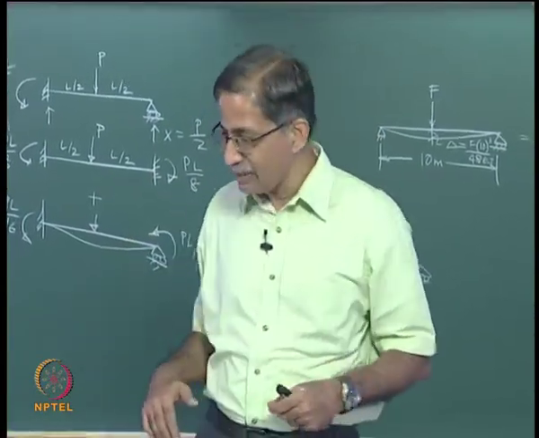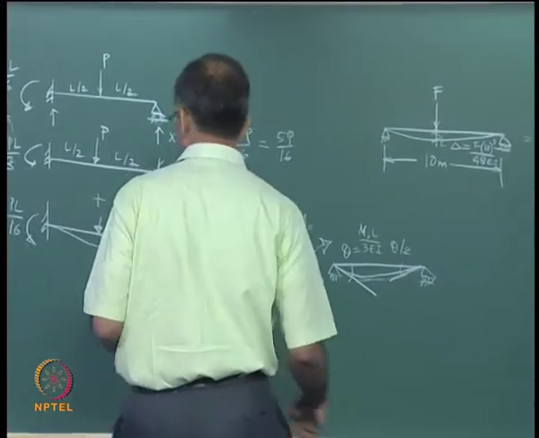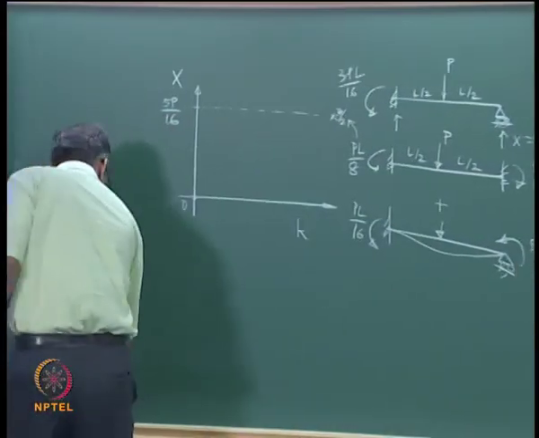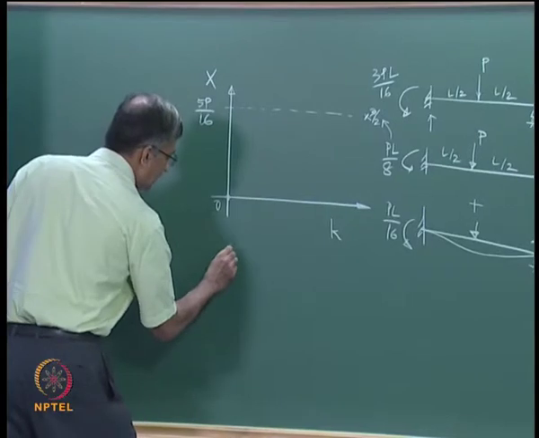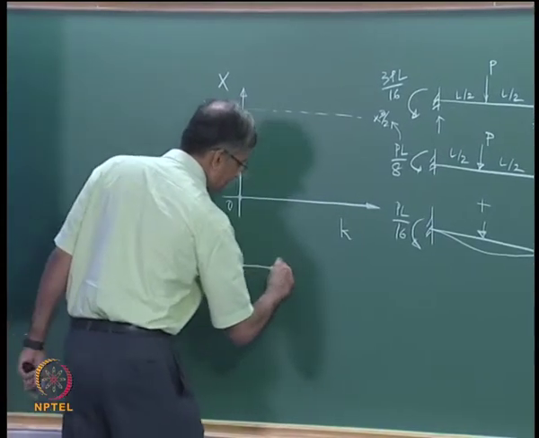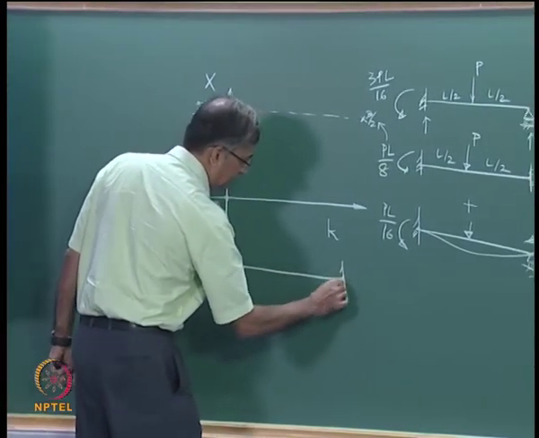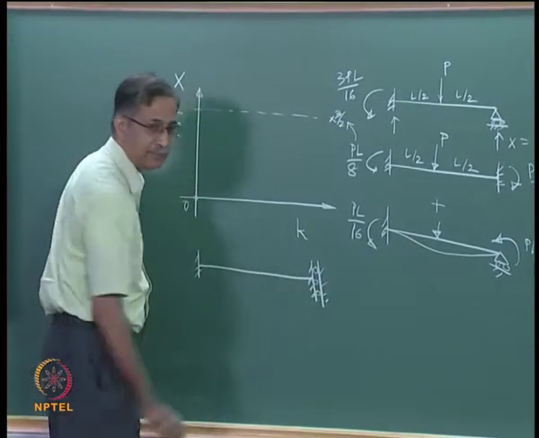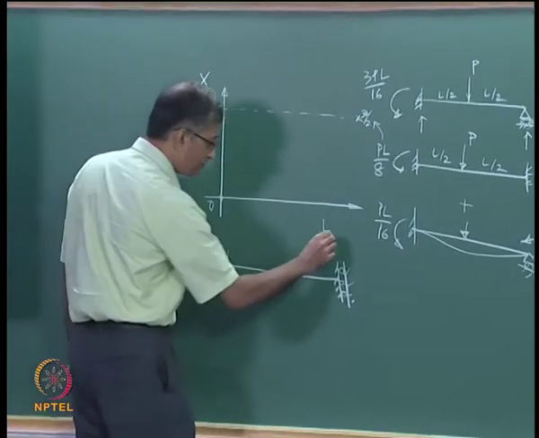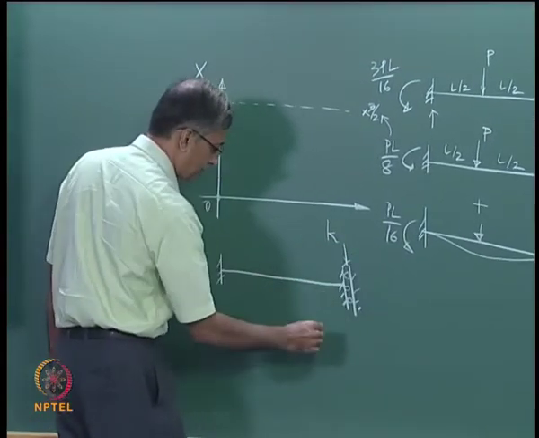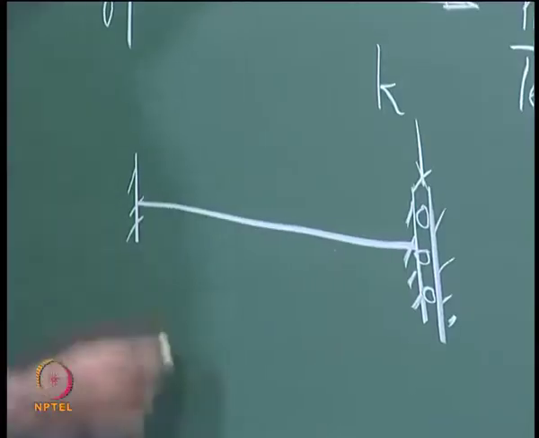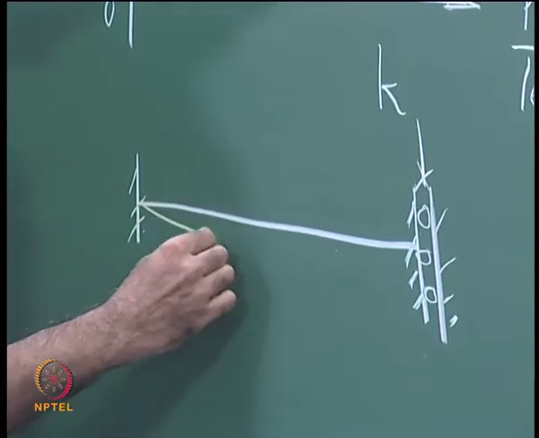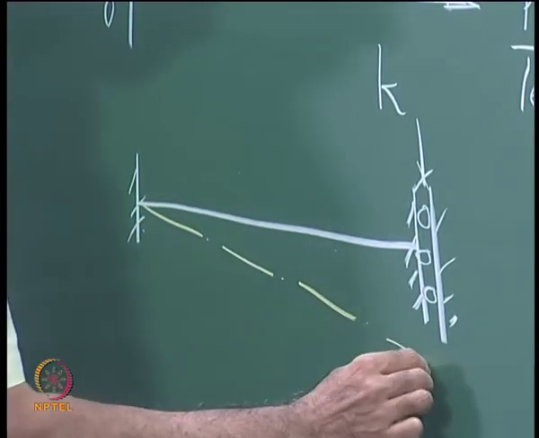It is like the settlement of supports problem. Let us say I had a beam like this fixed here, right. Let us say I push this down. So what is the deflected shape? Let us say this is a chord rotation.